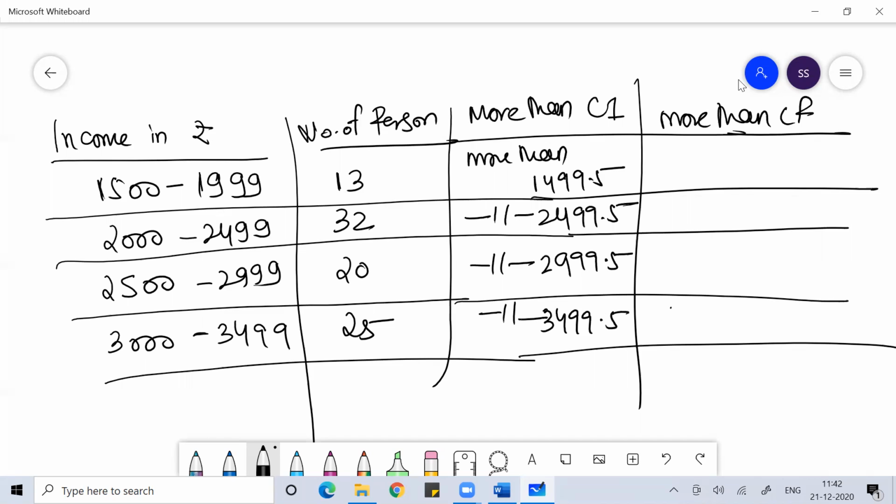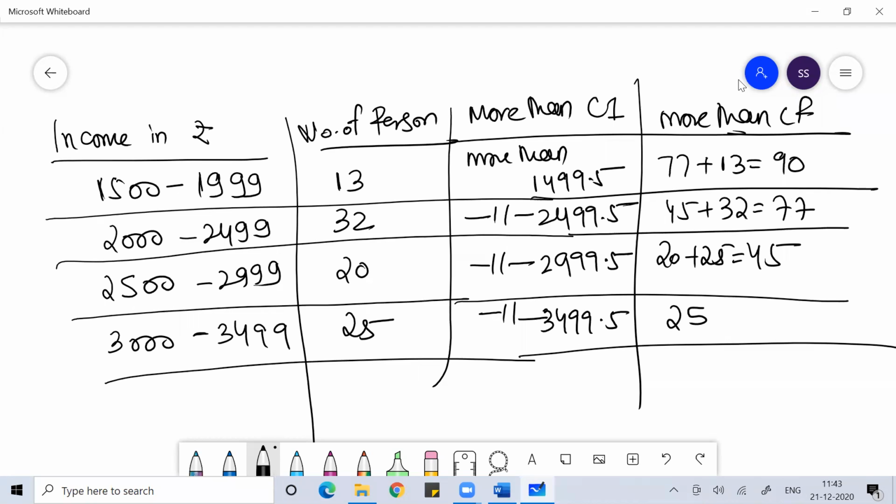If you start with more than, always start from down: 25, then 20 plus 25, you will get 45, then 45 plus 32, you will get 77, then 77 plus 13, you will get 90.